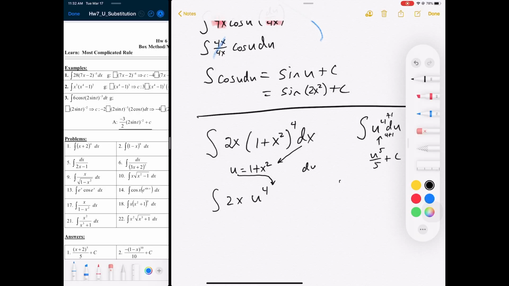So du is equal to the derivative of 1 plus x squared. The derivative of u is just du, leave it alone. The derivative of 1 is 0. The derivative of x squared is 2x, and the derivative of x using chain rule. Let me explain that a little bit more.